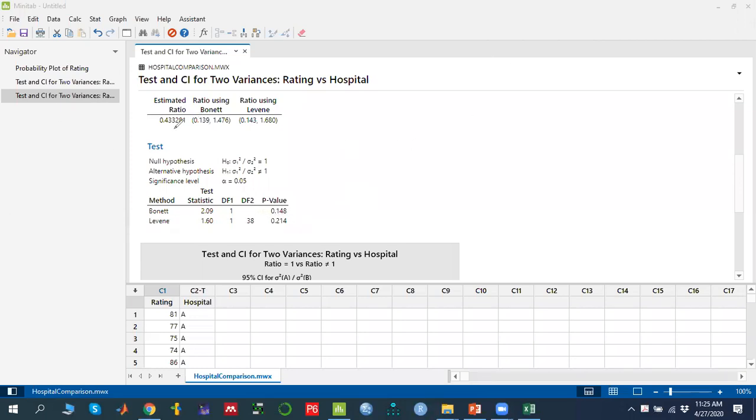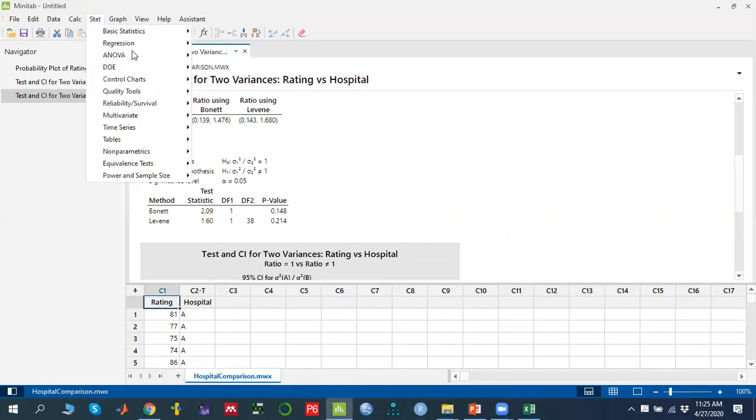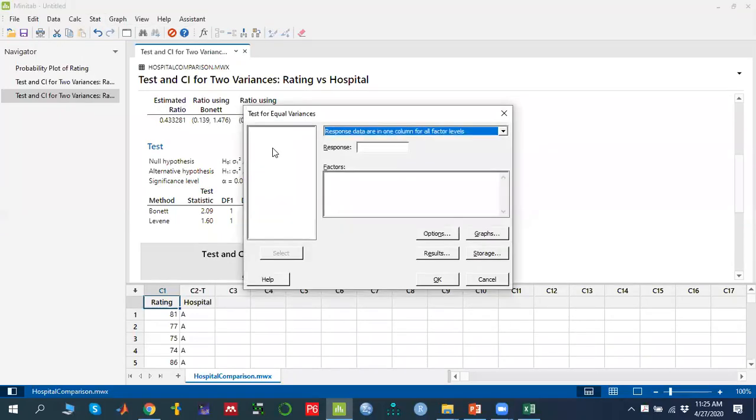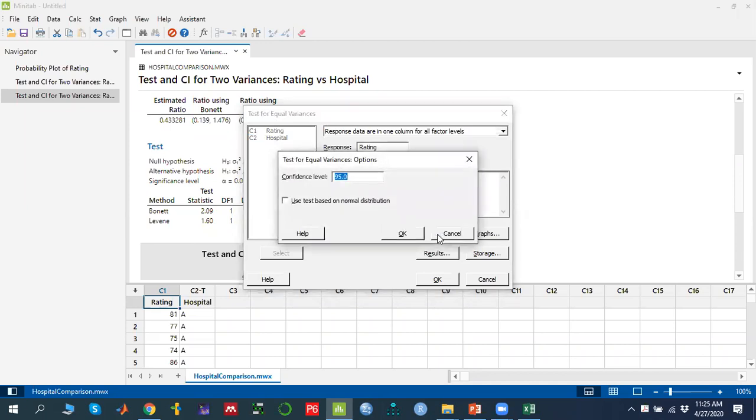Okay, and there is another way in Minitab to check whether the variances are equal or not equal. So what was that way? You can go to Stat, ANOVA, and then Test for Equal Variances. If I click over here and our data is in a single column, in response we will send rating, in factors we will send hospitals, and then we will click on options.